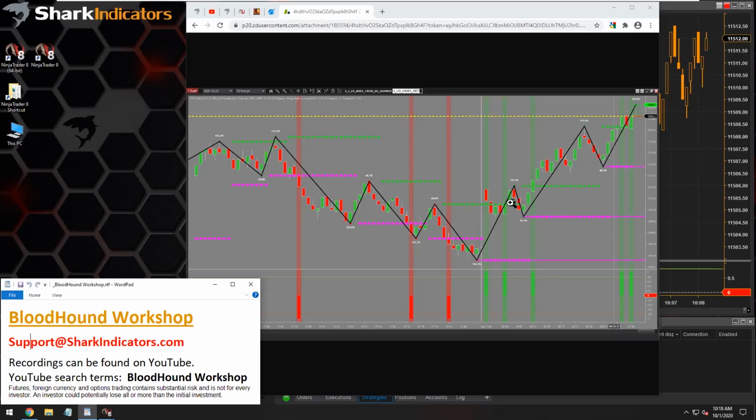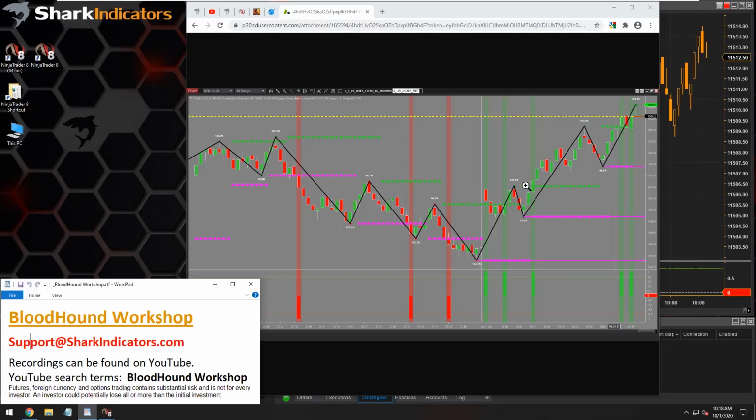As long as there's no new swing high or swing low, you don't want to be resetting your signal blocker. But once a new swing high develops, that should reset your signal blocker, and then allow a signal to get through.